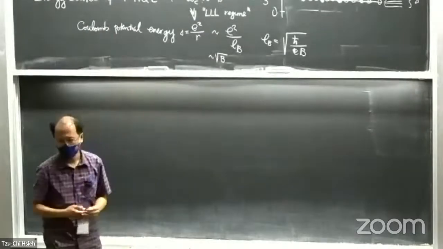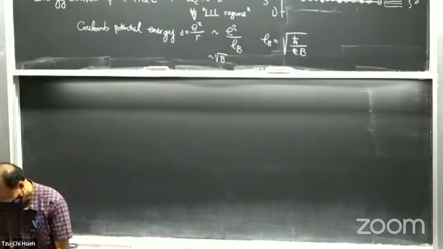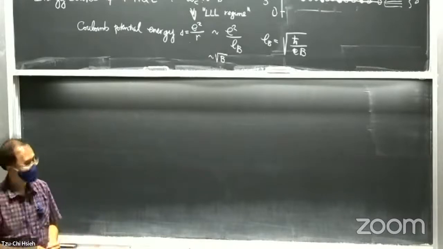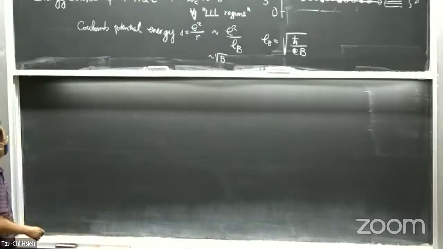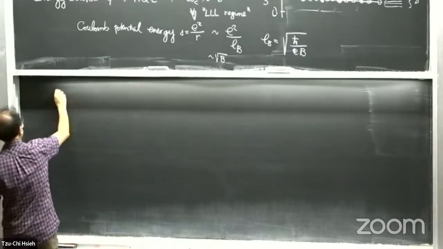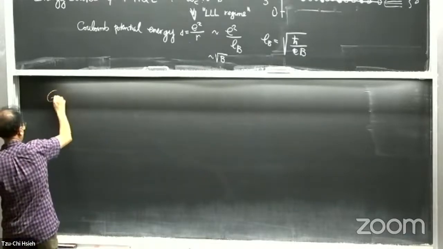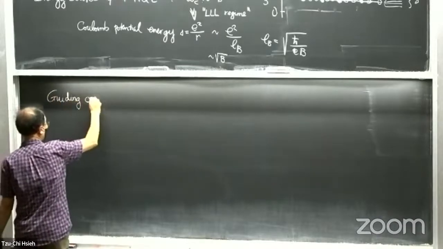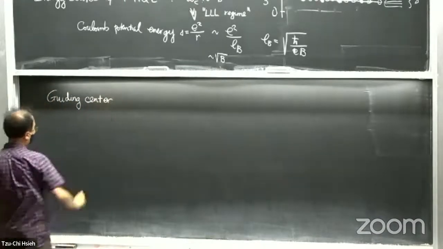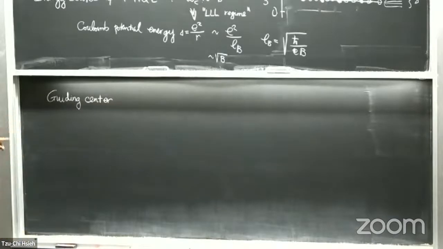Okay, so now what's going to happen in this regime? Let's recall one thing that we did in the previous lecture. We introduced the notion of guiding center. This is a very classical concept.